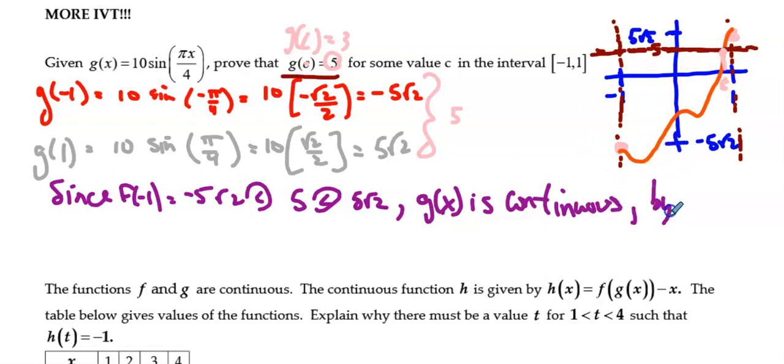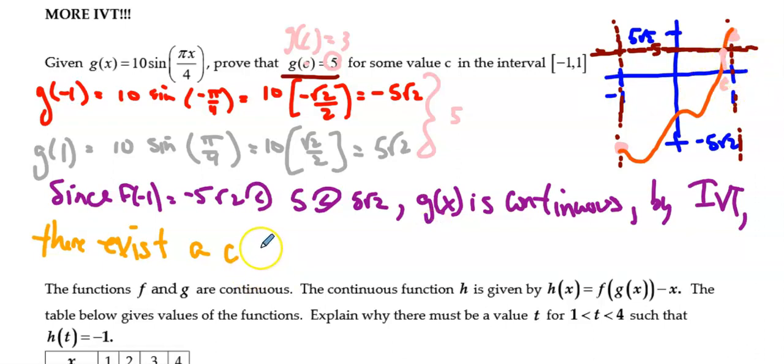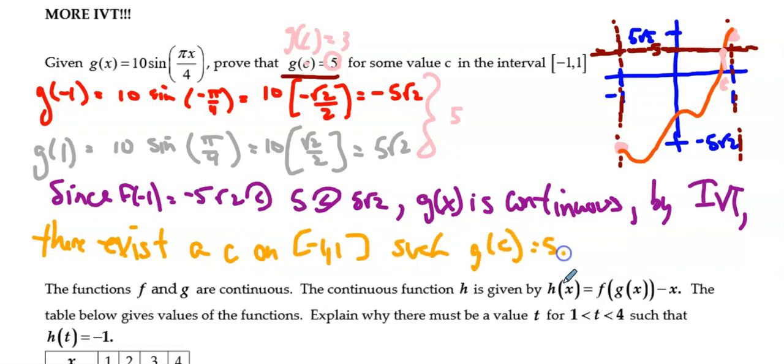And then you say by IVT, you can say that there exists a value c, right? Which again, we don't know where it hit the x-axis, but we know there's some value c here on the interval of -1 to 1, such that whatever that g of c is, it's got to equal 5.